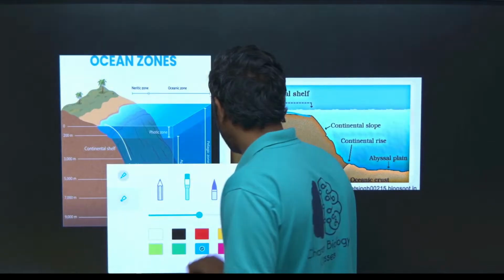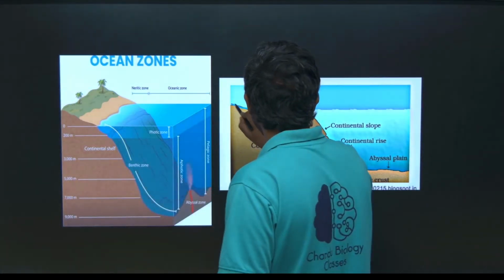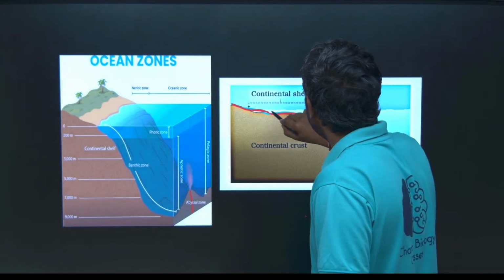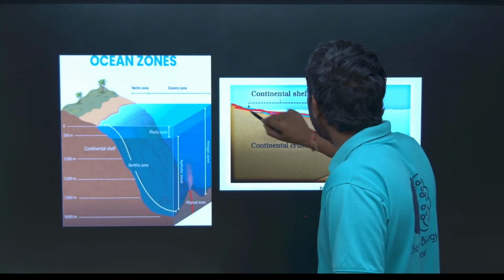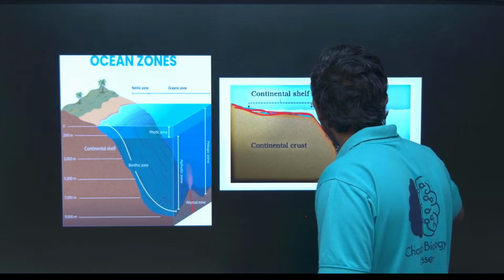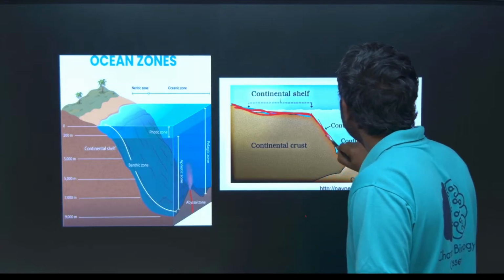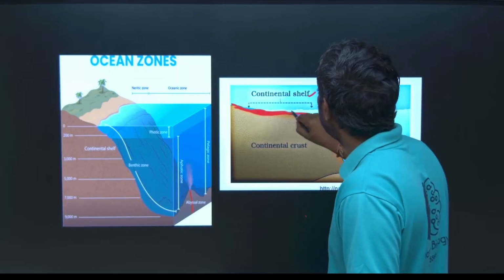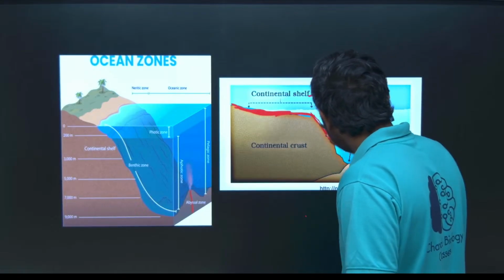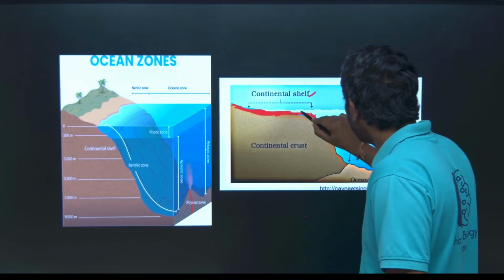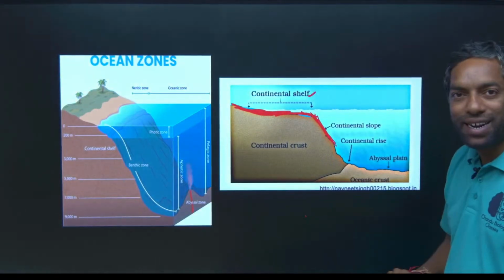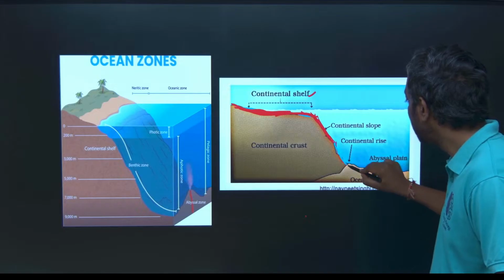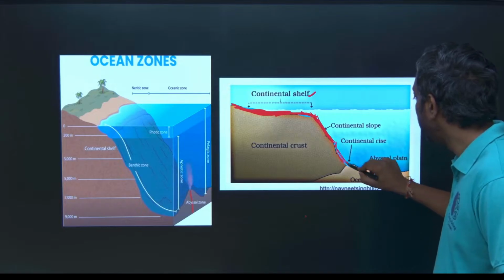The river enters this area, which directly falls under the continental shelf. This is the shelf. This is the slope, the continental slope. The river water then enters deep. This is the continental rise, very deep.